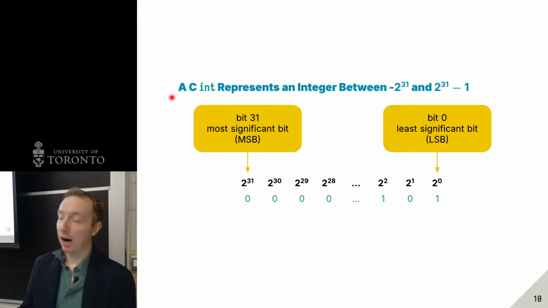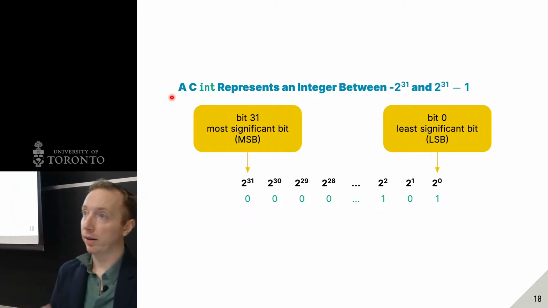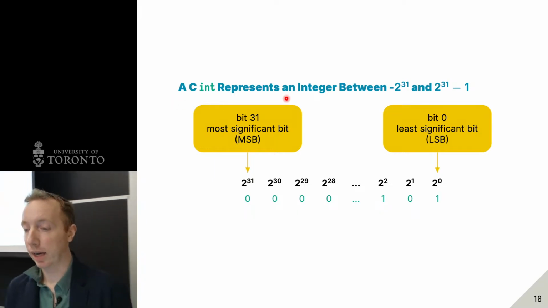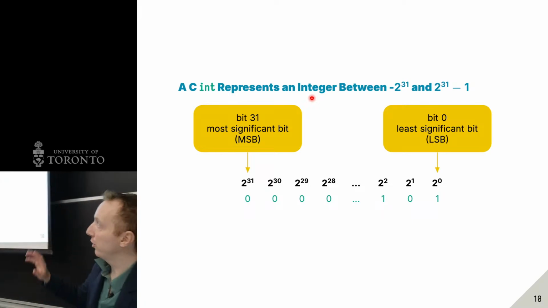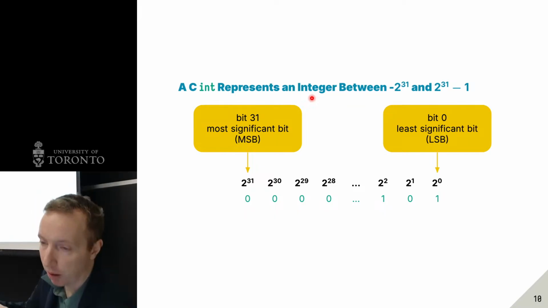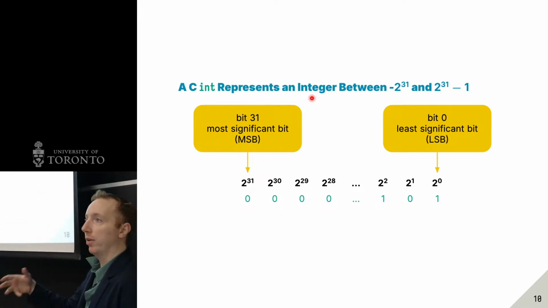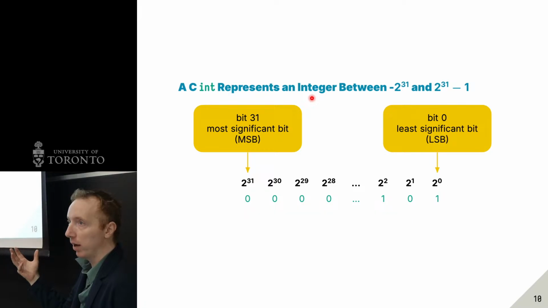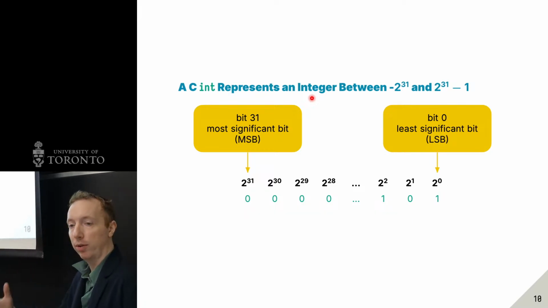So how that works is, see how it represents an int. Again, it can actually represent negative numbers as well as positive numbers. So it uses some of those choices to represent negative values and some of those choices to represent positive values.